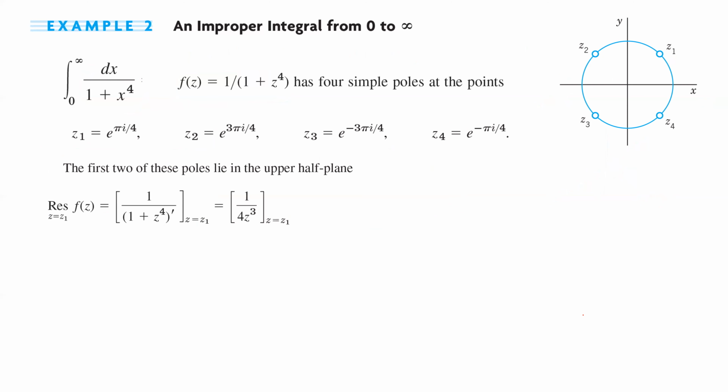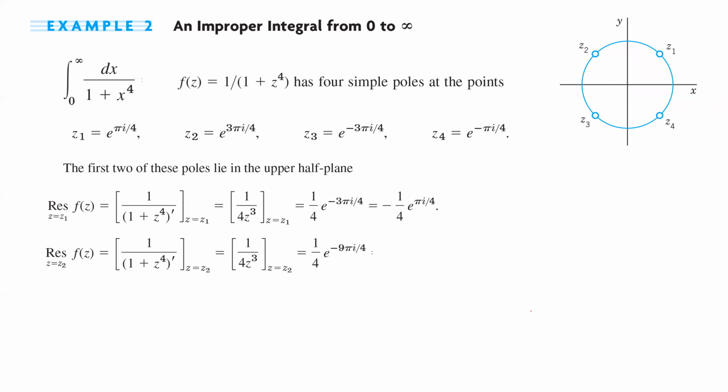So this becomes 1/4 of e to the -3 pi i over 4, which is -1/4 of e to the pi i over 4. And the other one becomes e to the -9, again, the same as e to the i pi over 4. So one is negative, one is positive.